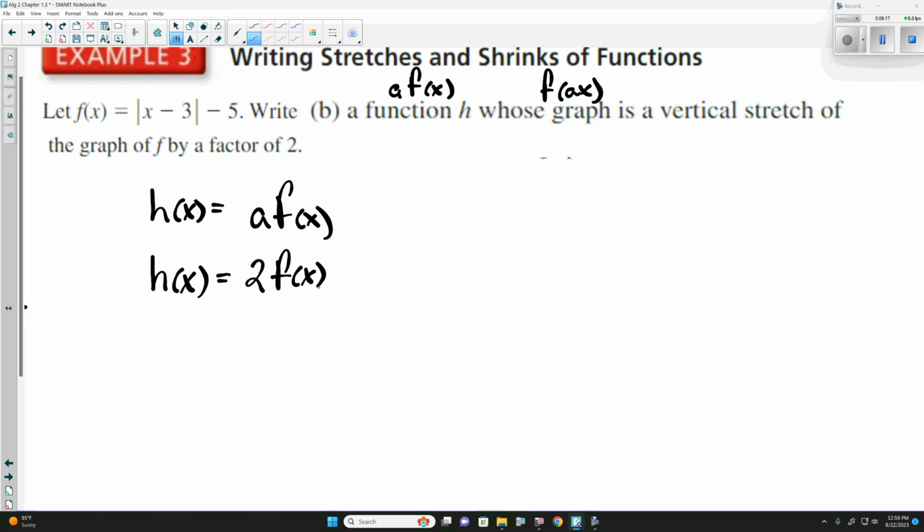Now all we need to do is replace the function f of x with what they gave us. Since it's still just f of x, we're just replacing it with the original function. So we'll have 2 times, so parentheses, absolute value of x minus 3 minus 5.